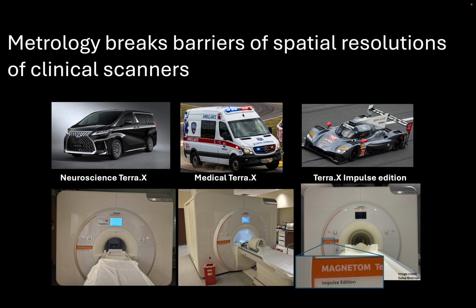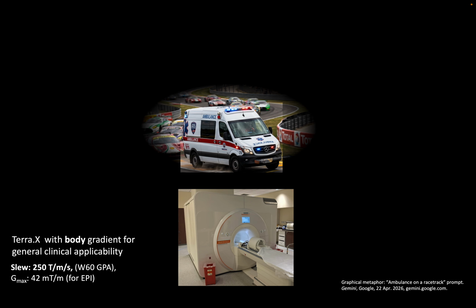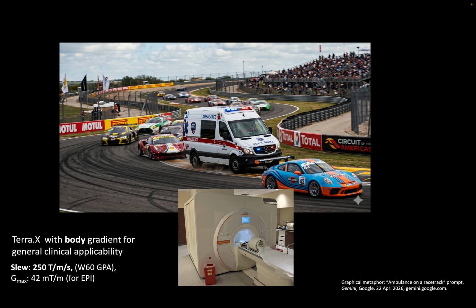Similarly for the clinical 7T, it's the same device, right? But it needs to be bulky to have access to put patients in there for any case you want to have, right? So this is a challenge for metrology, as you need to reconfigure those scanners for your specific purpose. And it feels a lot like taking an ambulance to the racetrack if you want to do layer-dependent fMRI with such a clinical 7T.